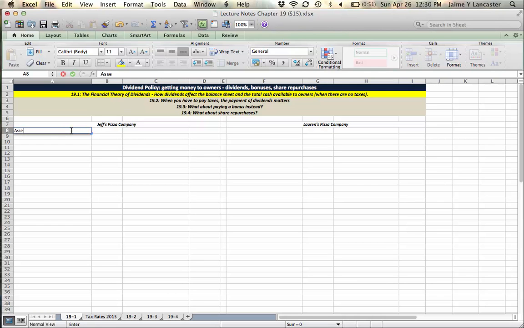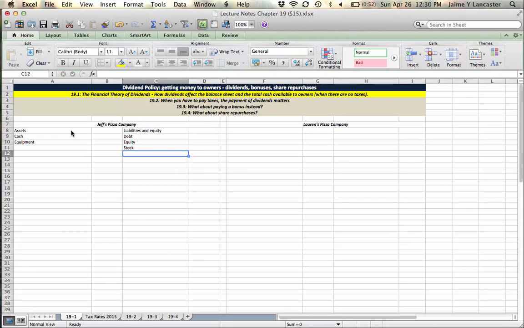So we'll take a look first at their assets. And over here, we'll look at their liabilities and equity. For assets, we've got cash and we've got equipment. One current asset, one long-term asset. We're being very simple. On the liabilities and equity side, we're going to have debt, and then we'll have some equity, and our equity is going to take on two types.